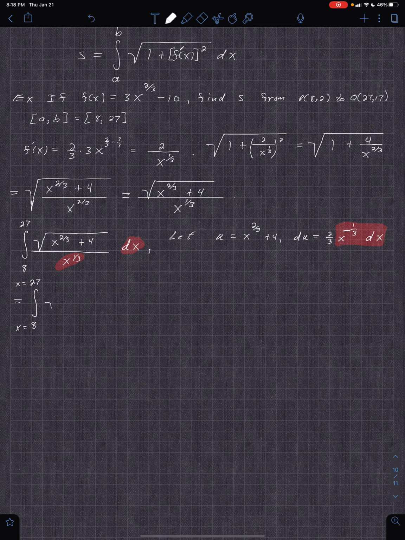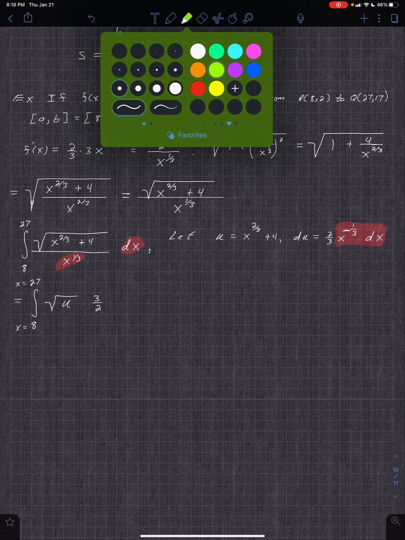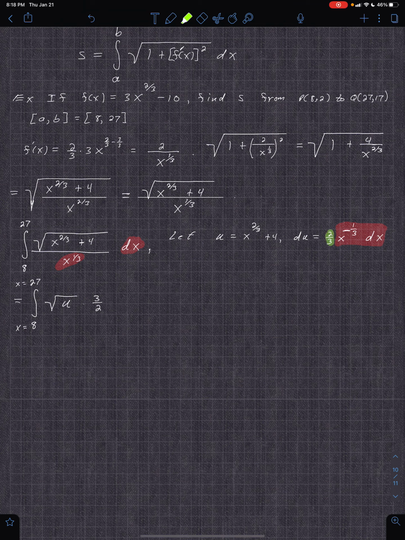And then that ends up being the square root of u, and you multiply by the 3/2. So you end up with a 3/2 as your integrating factor right there. This has to get out of there, so you bring it over. There it is. Let's highlight that, and then that's your du.